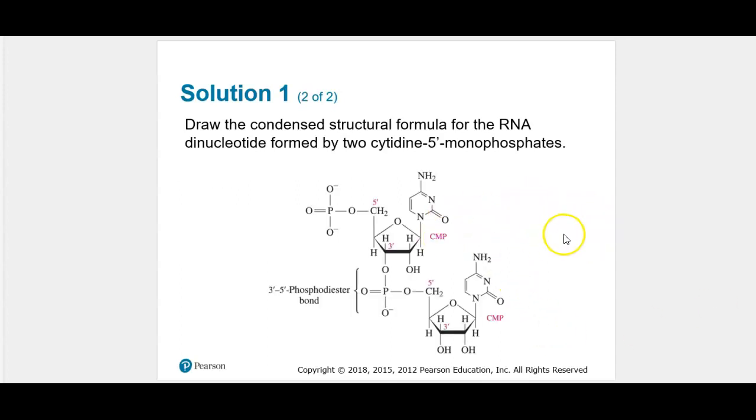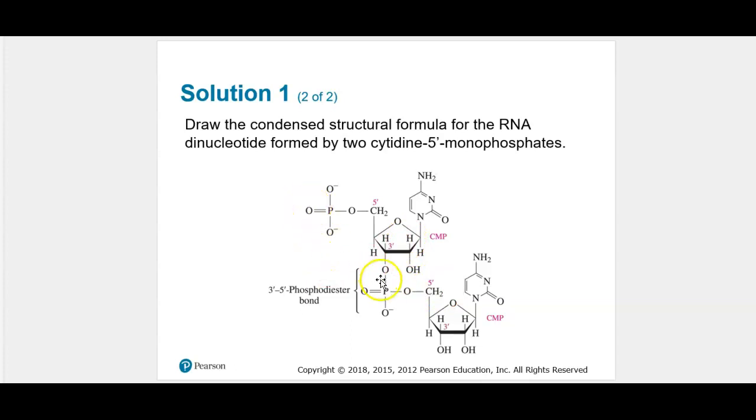Okay, so here is the completed structure. You see this is the 5' end. This phosphate is staying intact, it's not changing. The 5' end of the second nucleotide forms the phosphodiester linkage with the first one.